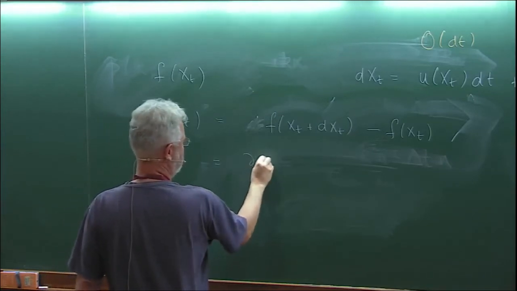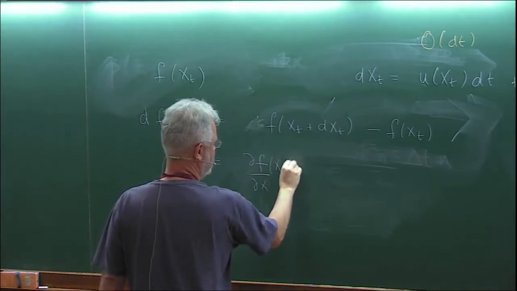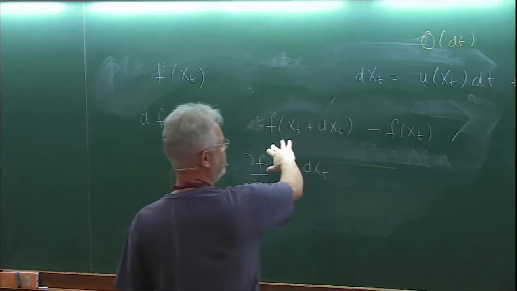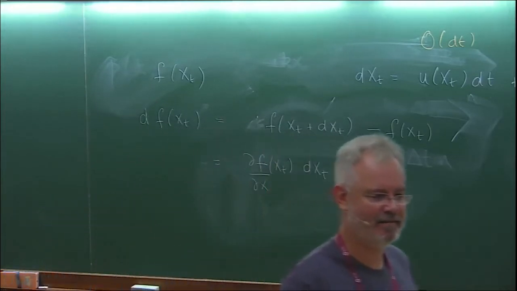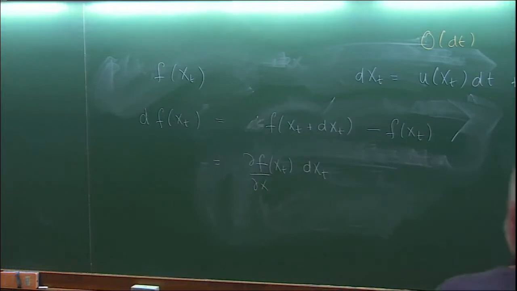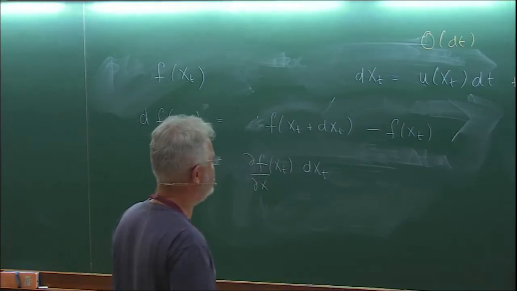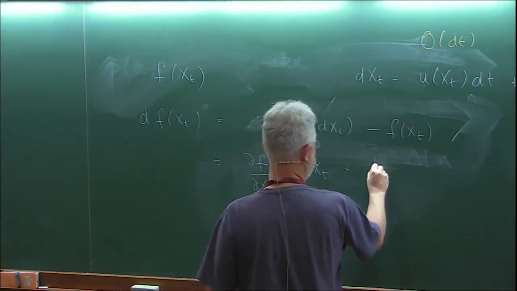This is df by dx, evaluated at x of t, times dx of t, right? And normally when you do differential equations, you stop there, and you divide by dt, and then everybody's happy. But for the sake of fun, let me keep the second derivative term.